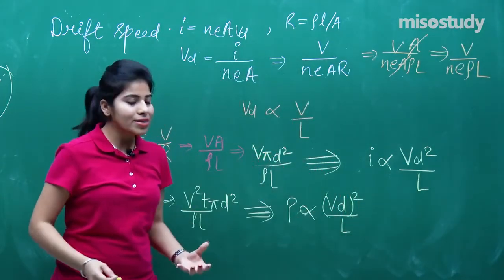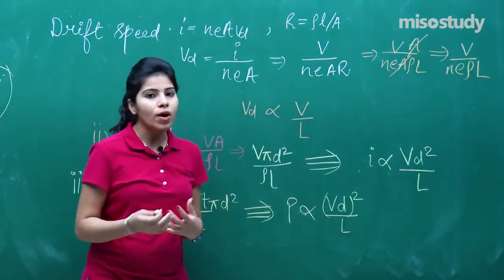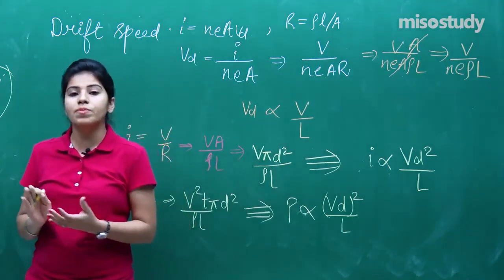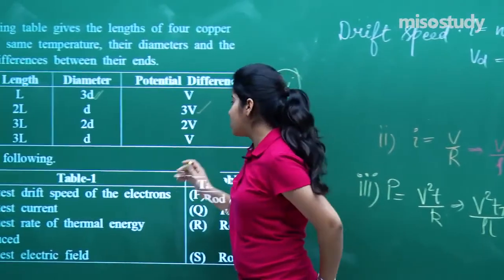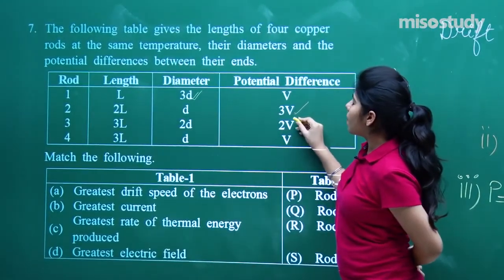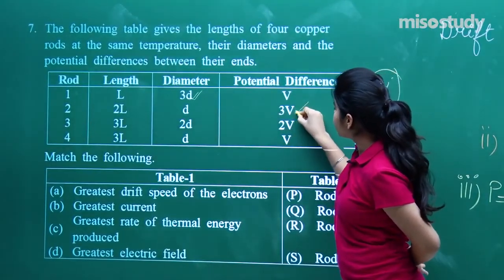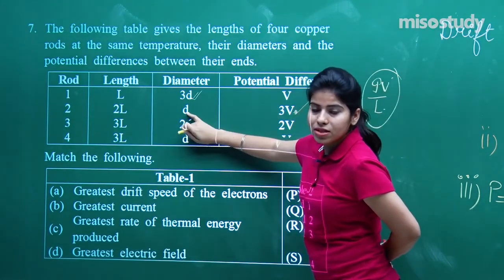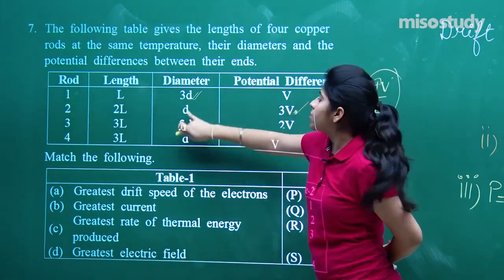Now, because you can see that again V square, that means the one which will be having maximum potential and the one which will be having maximum diameter. So maximum potential is at this point, that means 3, and this is the diameter.